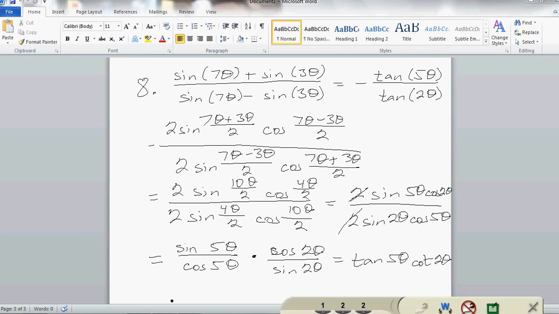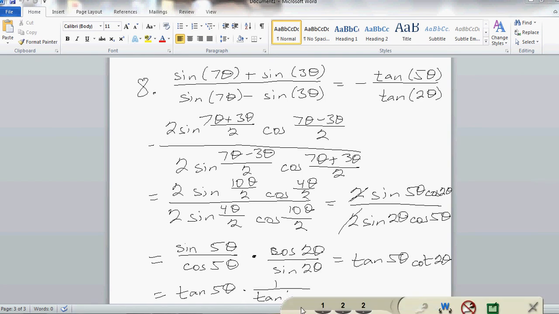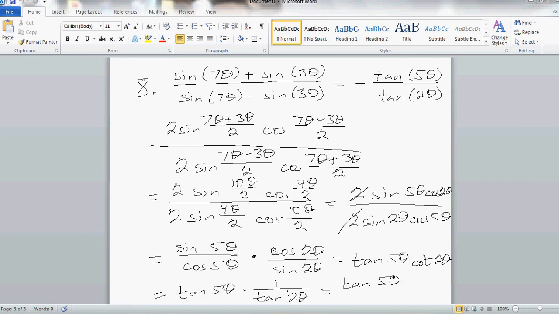Well, this is very close to what we want, except instead of cotangent of 2 theta, we want the tangent of 2 theta to be in the denominator, which is pretty simple to get. Tangent of 5 theta times 1 over the tangent of 2 theta, which is equal to tangent 5 theta over tangent of 2 theta.